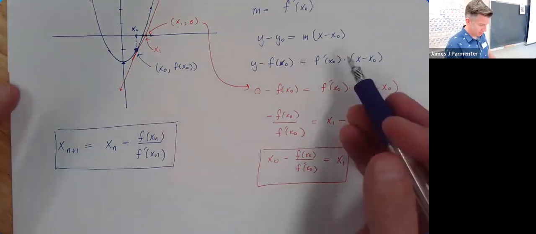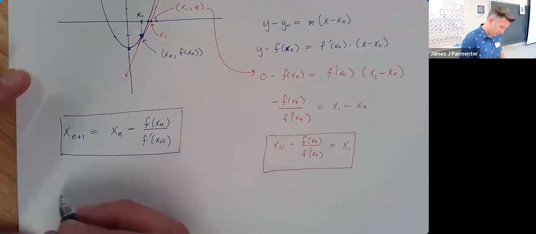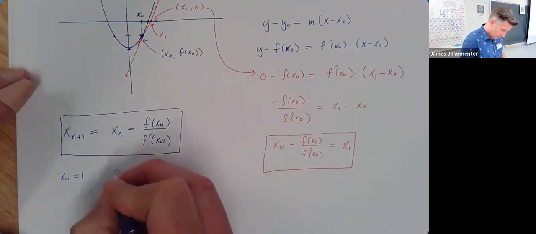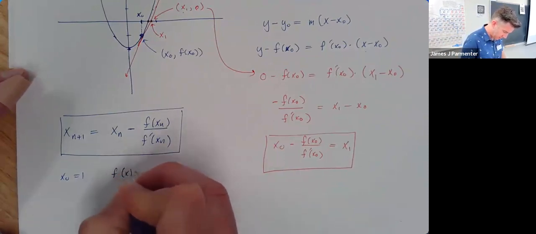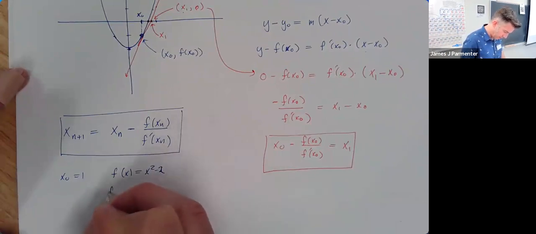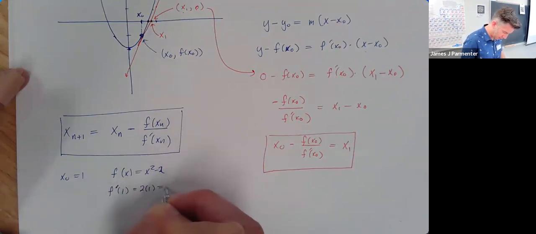So back to our example here. If I just throw things into this formula, my x sub 0 was 1. My f of x was x squared minus 2. So f prime of 1 is going to be 2 times 1, which is 2.